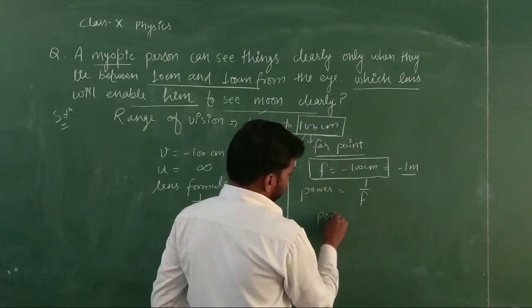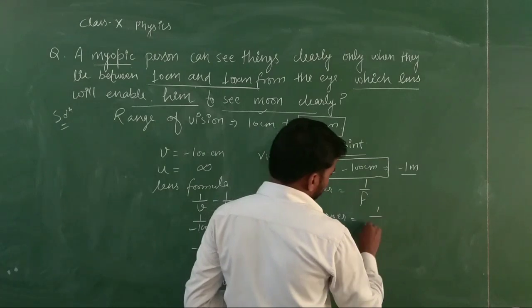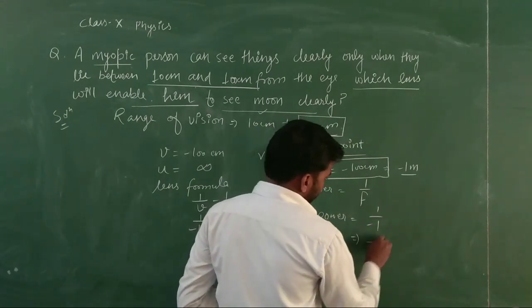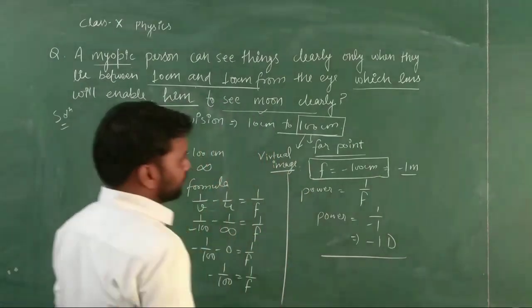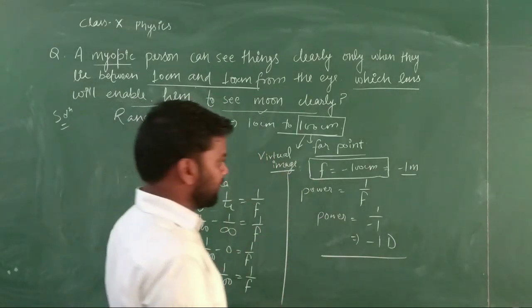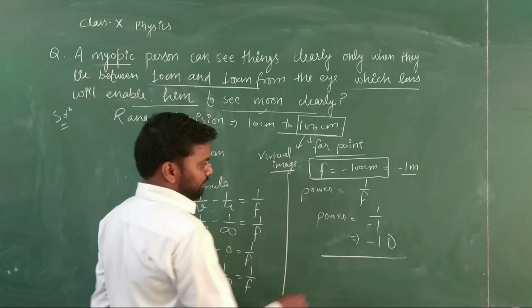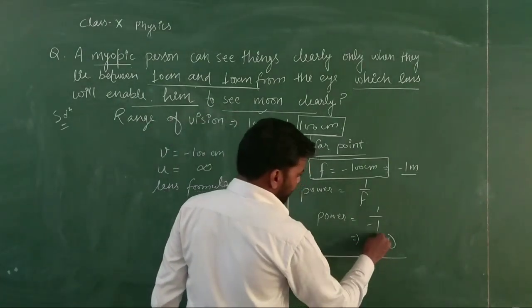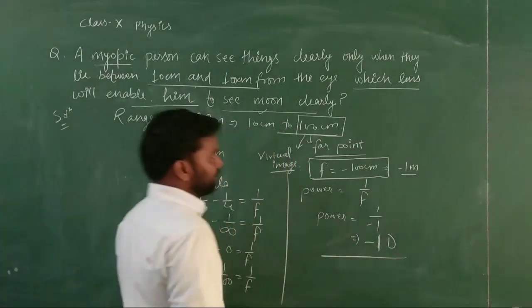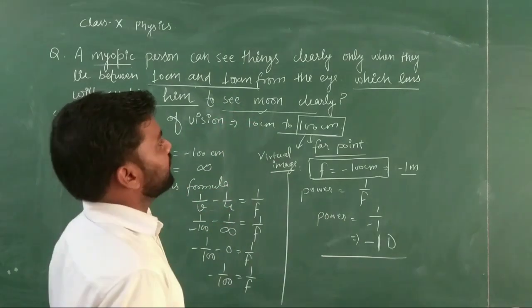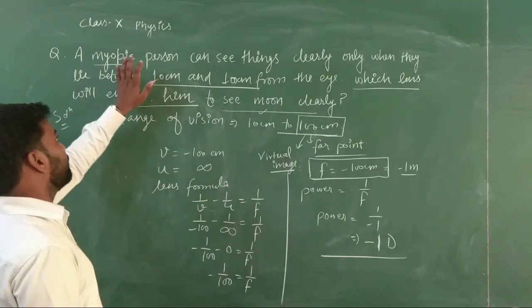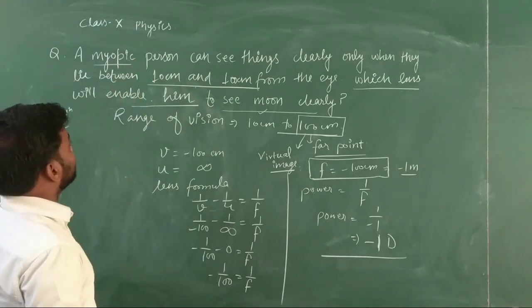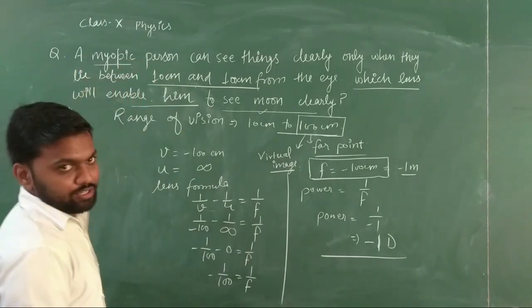So power equals 1 upon minus 1, equal to minus 1 diopter. So that person needs to use a concave lens of 100 centimeter focal length and power minus 1 diopter. After using this lens, they will be able to see the moon clearly. Otherwise, they will not be able to see clearly due to the defect of myopia in the eye.